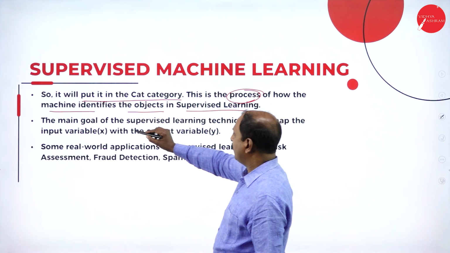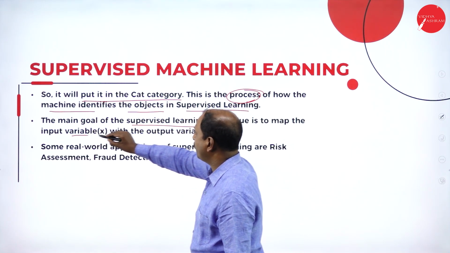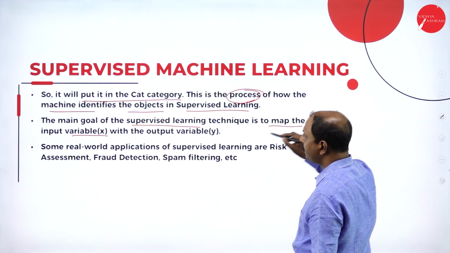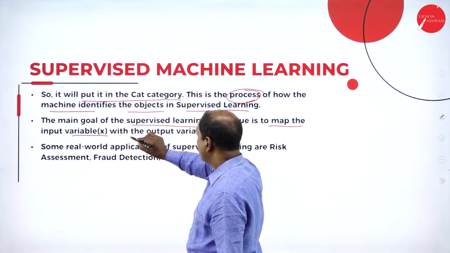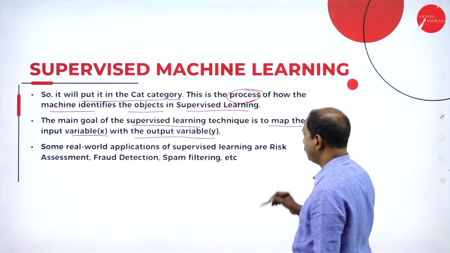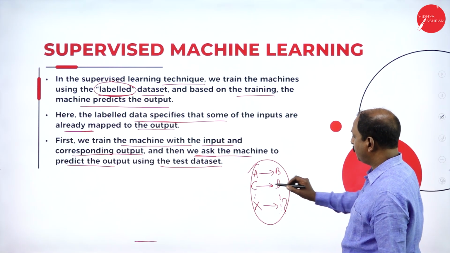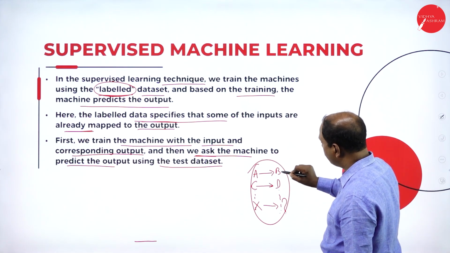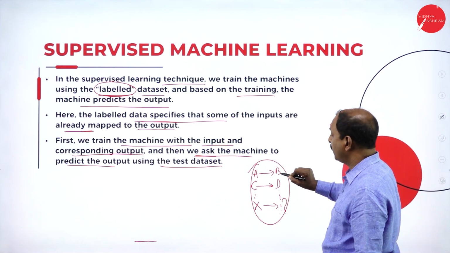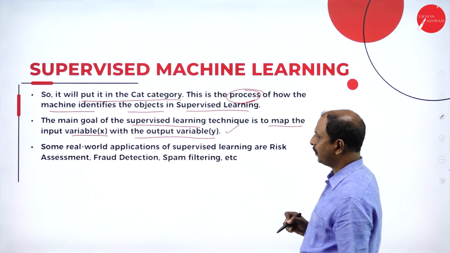The main goal of supervised learning is to map the input variable x with the output variable y. As you have seen in the previous slide, we have to map the input variable with the output variable in this example. So, that is this point.